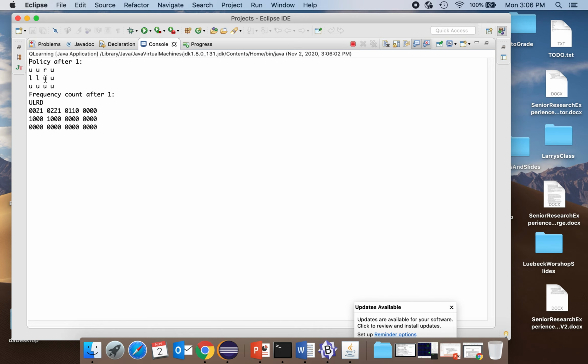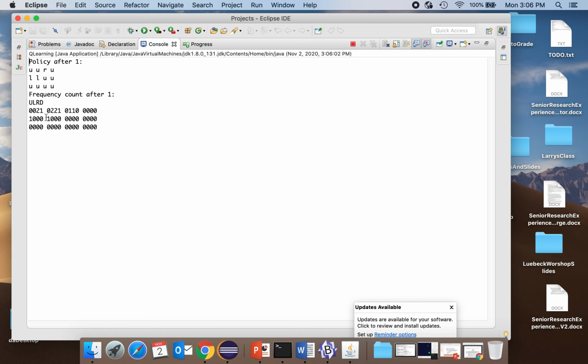And obviously I also determine the values of the transition functions. Let me explain a little bit. This is up, left, right, down. So we went up 0 times, we went left 0 times, we went right 2 times, we went down 1 time. So that's the frequency count of the actions from this state over here.